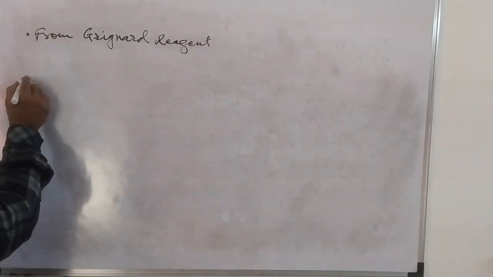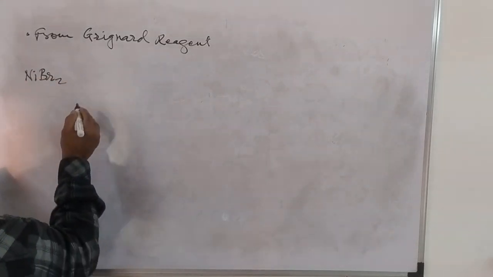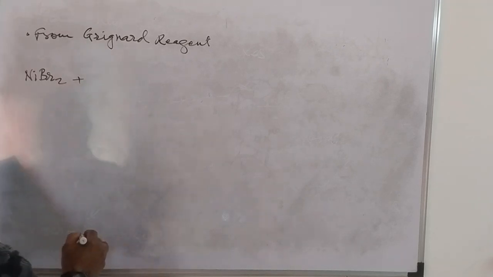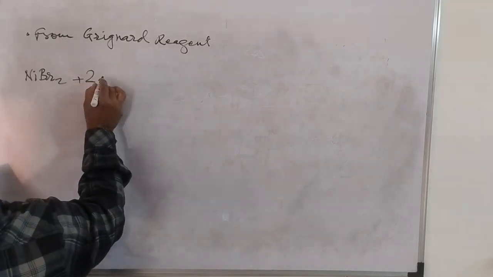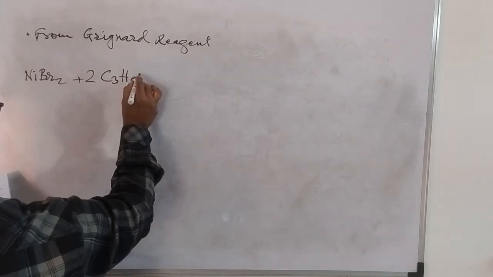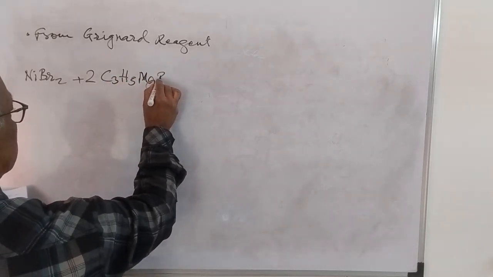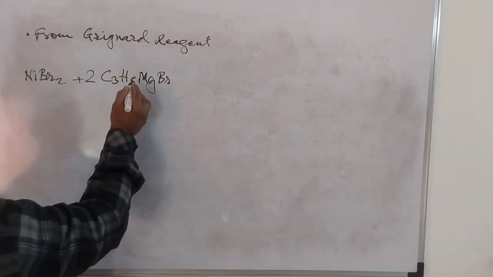Now the next method is using Grignard reagent. For example, if we take NiBr2 and react it with twice C3H5MgBr, this is the Grignard reagent.